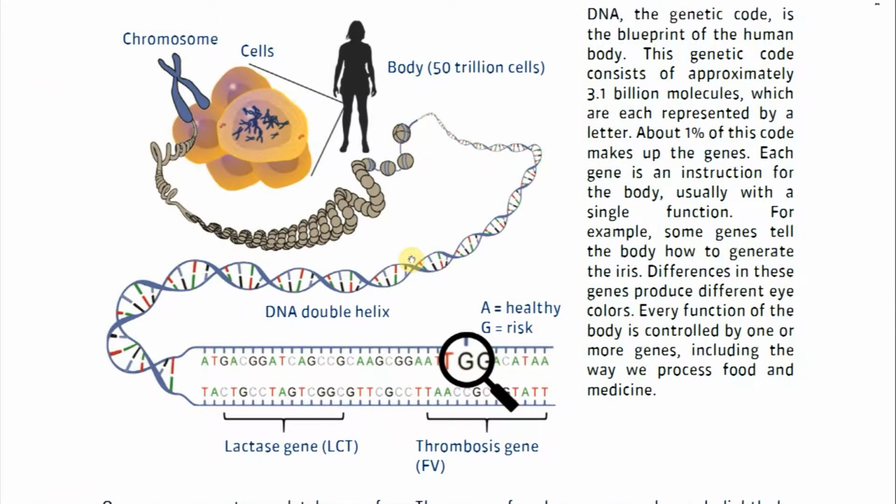There's another gene, the thrombosis gene, factor 5. This just means that this gene here contains the information of how to prevent thrombosis, a blood clot from forming in your arteries when this shouldn't be the case. So there's a gene that has a certain function, and another gene has another function. And most genes mostly only have one function, some have a few, but this is pretty much how the instructions of your human body look like.